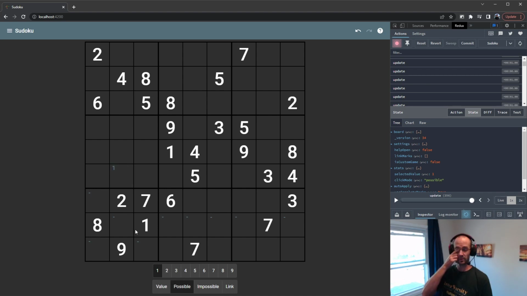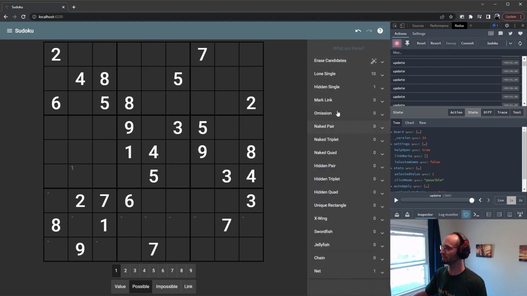And if I stick with it and really carry this through, there's all kinds of things that I think could be really interesting with that. Like having all these help things be smart about only finding lone singles and X-wings and chains that can be concluded when you've marked possible or impossible, and have it not try and make any decisions if it can't figure it out from cells where you've indicated one way or the other.